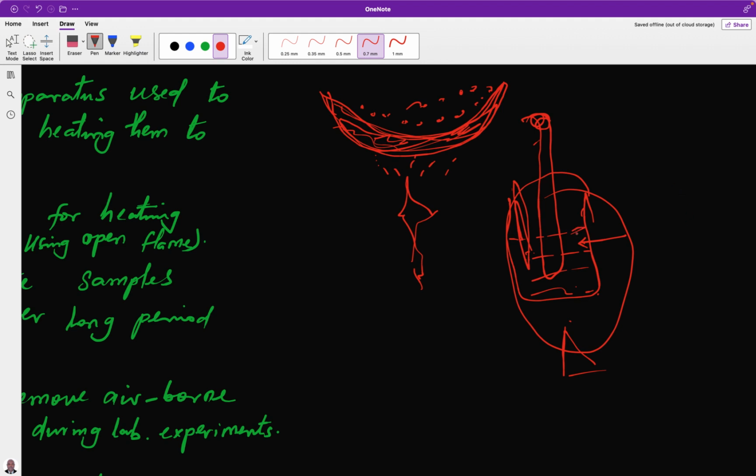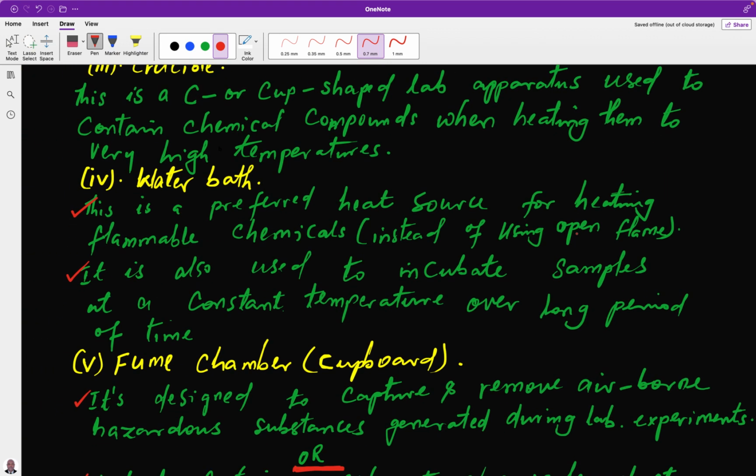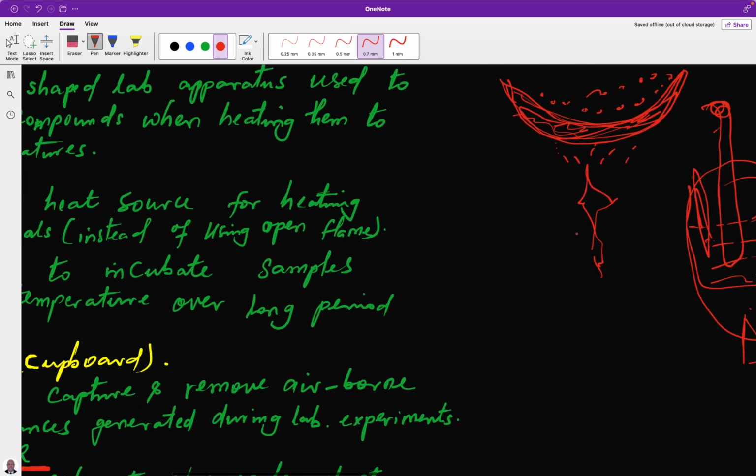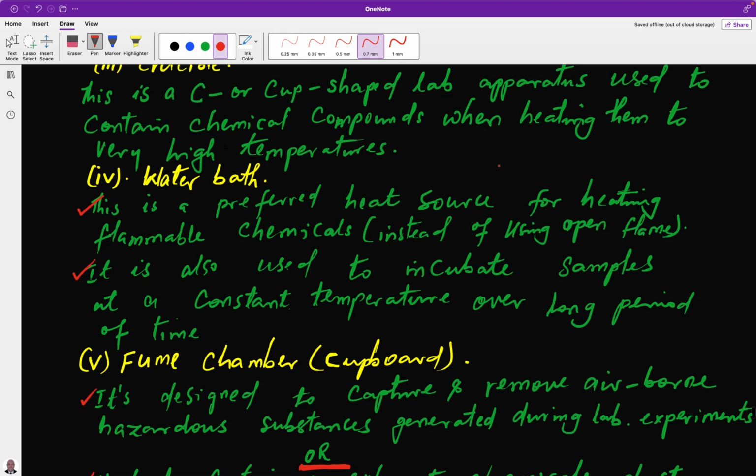So I said it's a preferred heat source for heating flammable chemicals instead of using open flame. Two, it is also used to incubate samples at a constant temperature over a long period of time. As I mentioned, you need to put a thermometer there to maintain the particular temperature that you are working on. So those are the uses of a water bath.